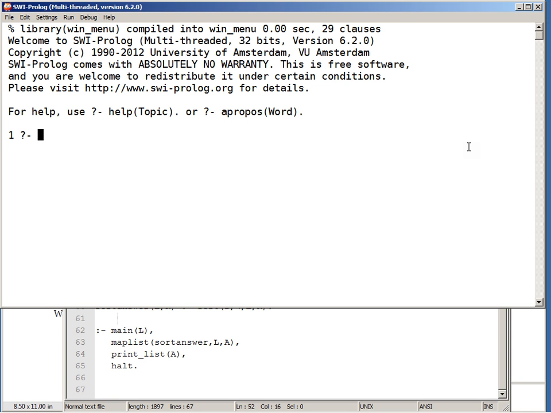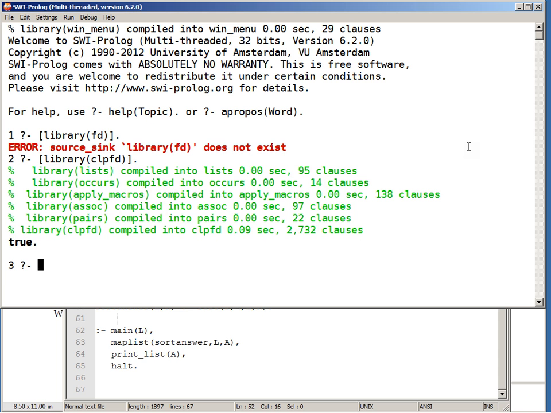So we've seen that if we load the library of finite domains, CLPFD, we can say X is assigned Y plus 1, and the system is fine with that.